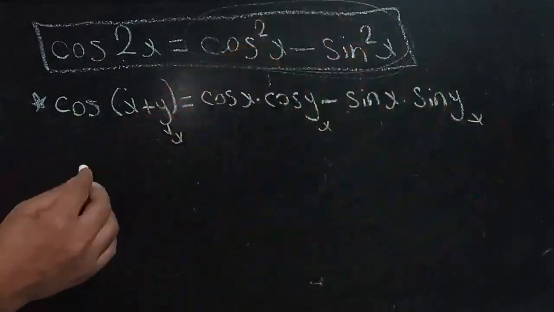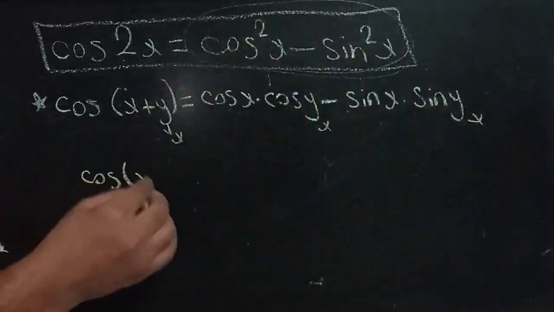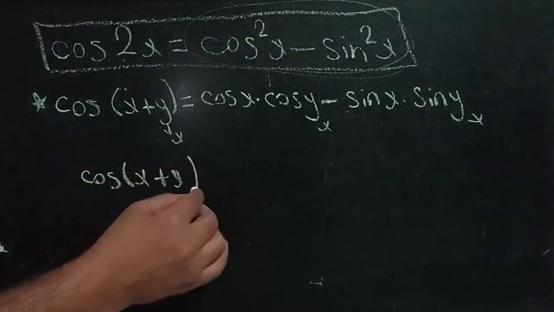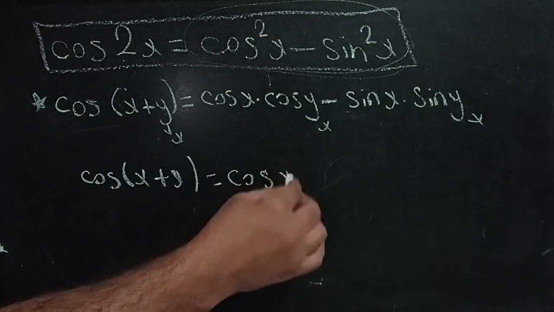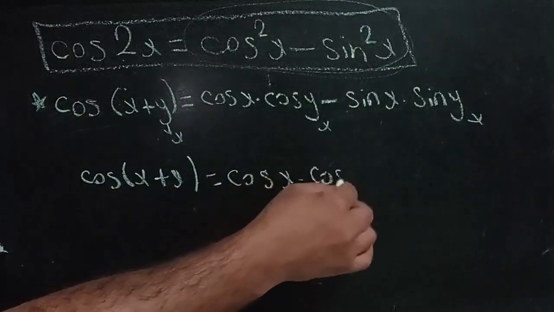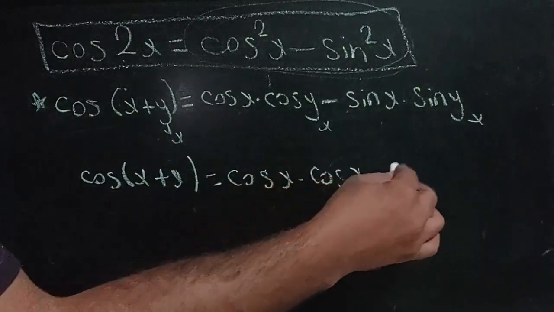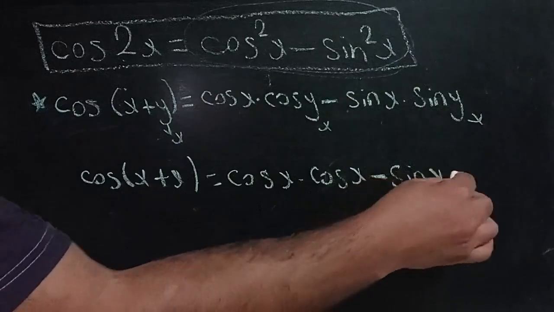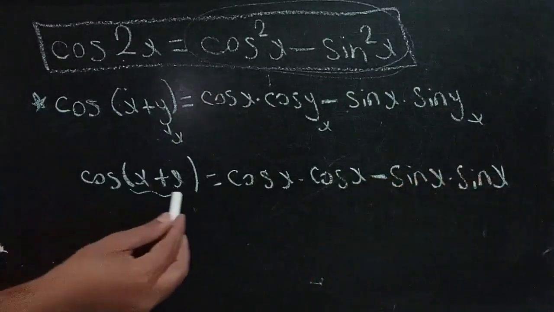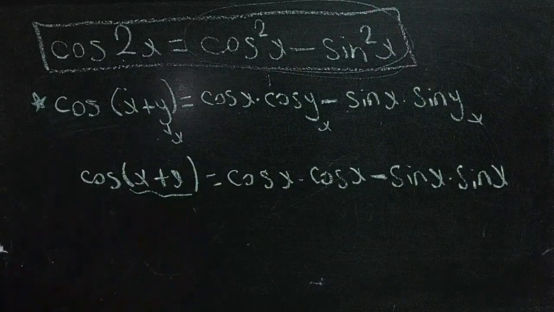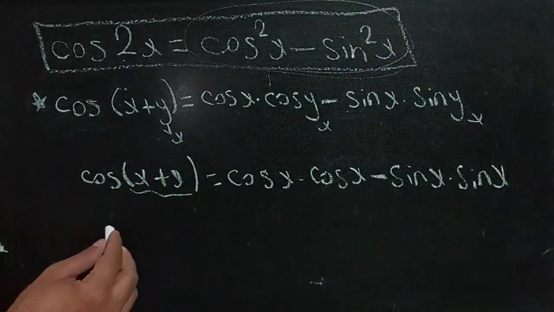That will give me cosinus x plus x equals to cosinus x times cosinus x minus sinus x times sinus x. So x plus x gives you 2x.